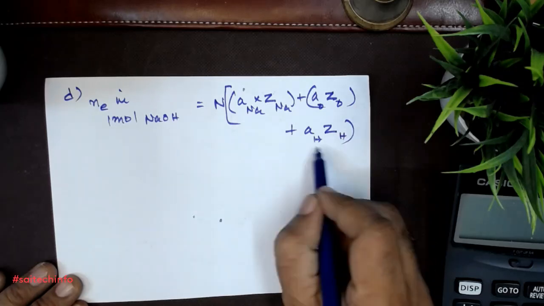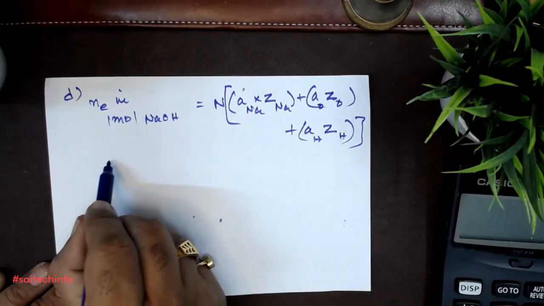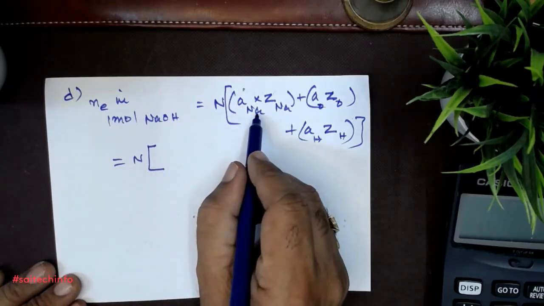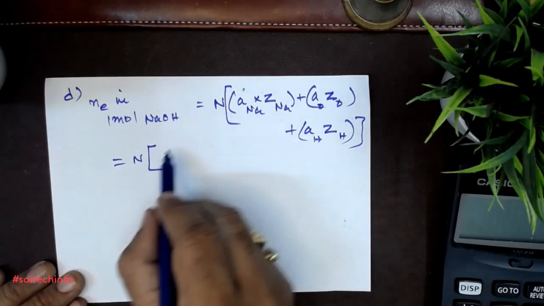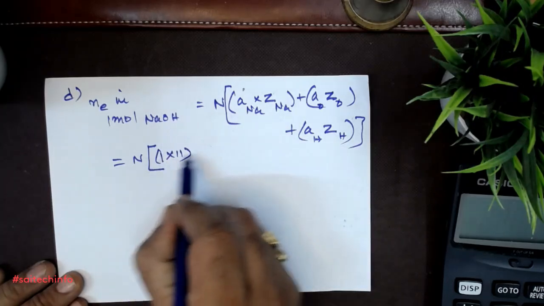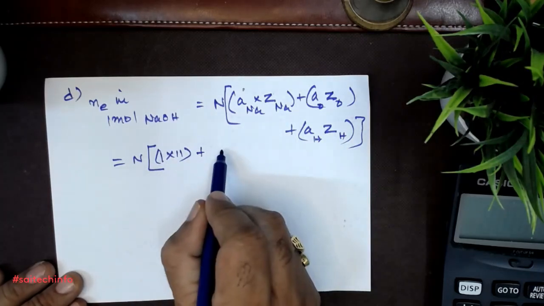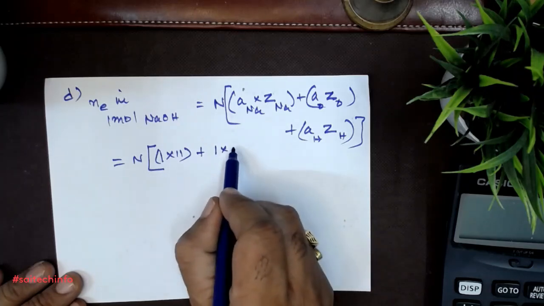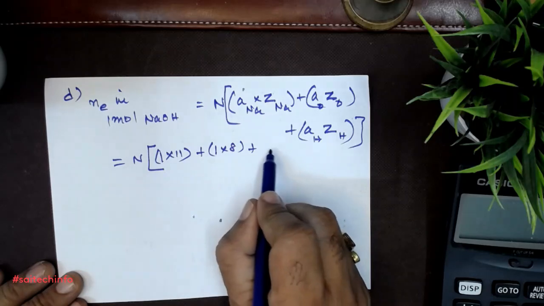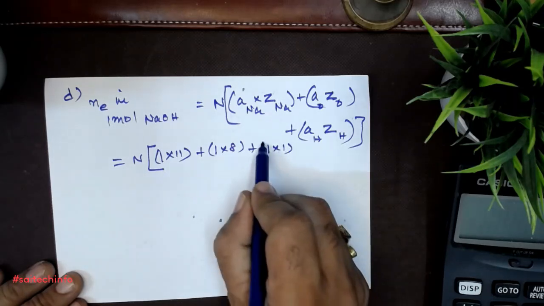That's all. So that is equal to N into (1 into 11 plus 1 into 8 plus 1 into 1), correct?